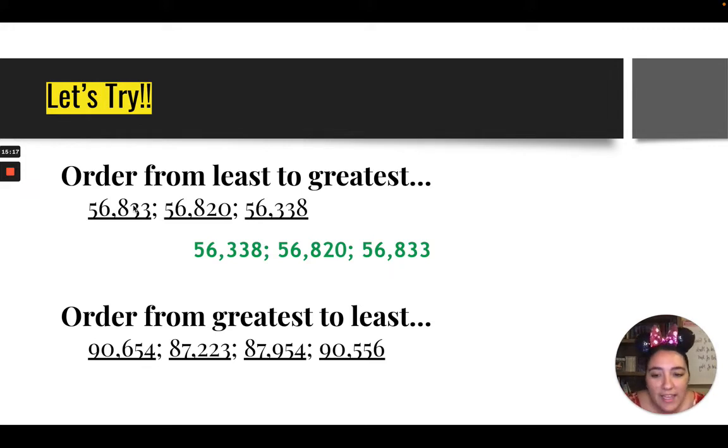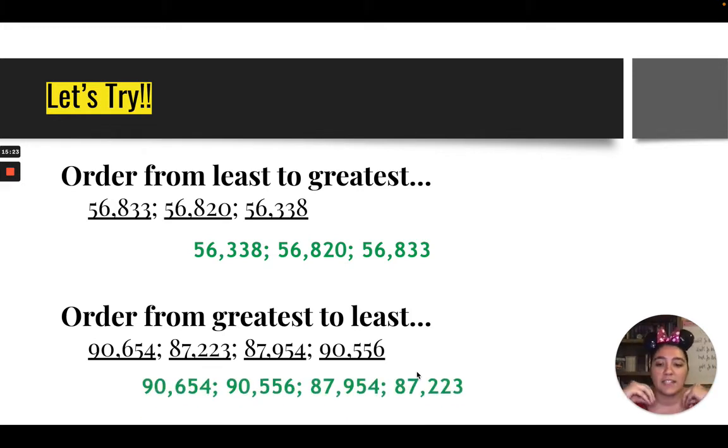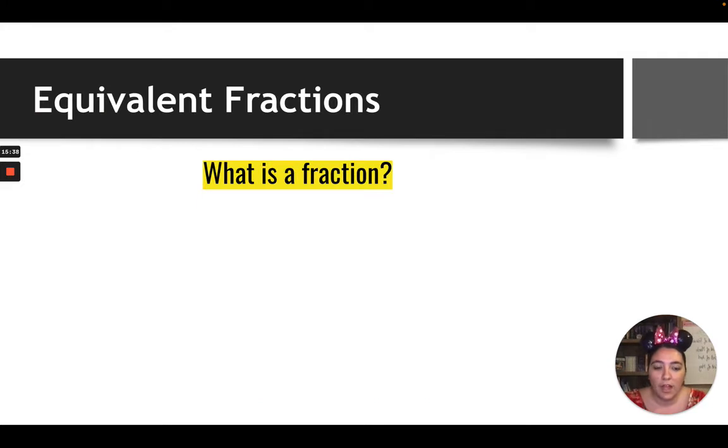All right, and then from greatest to least for our four numbers down here, starting with 90,654. Second number should have been 90,556. Third number should be 87,954, followed lastly by 87,223.